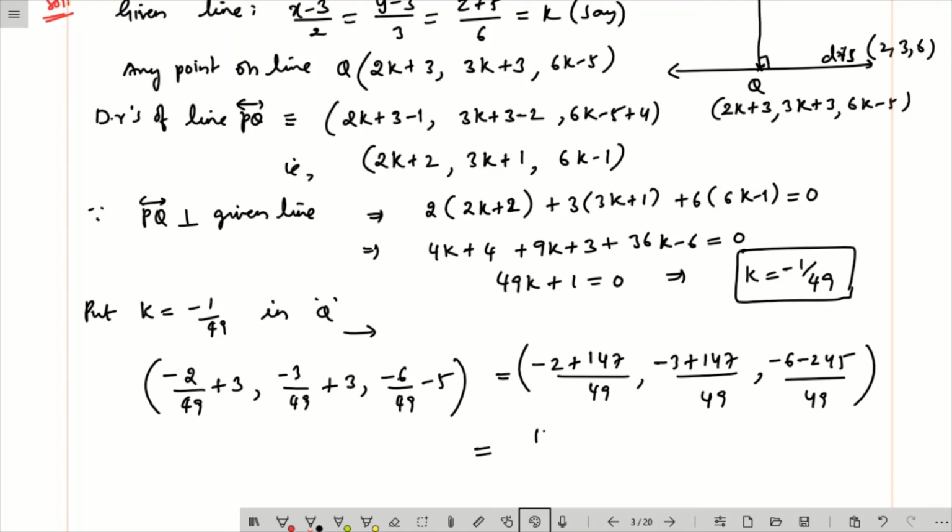So this is 145/49, this is 144/49, and this is -251/49.